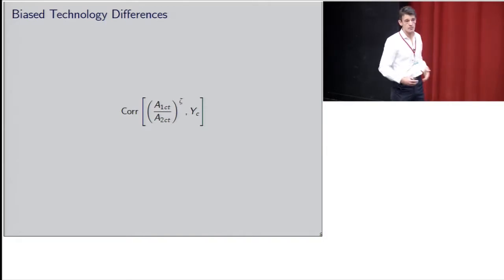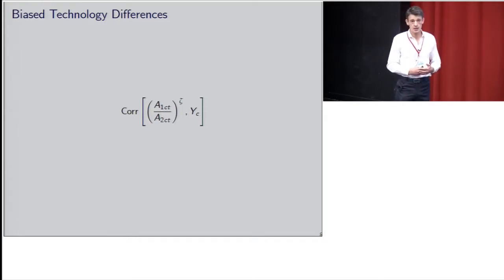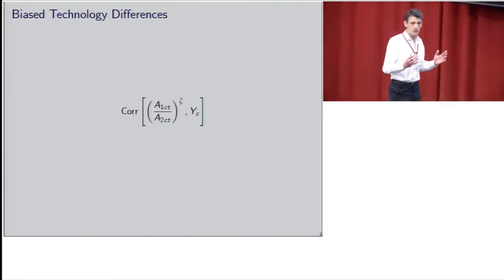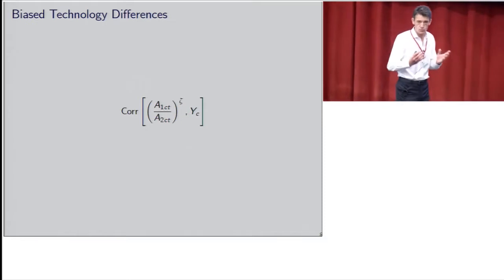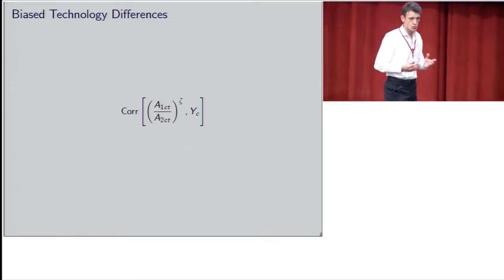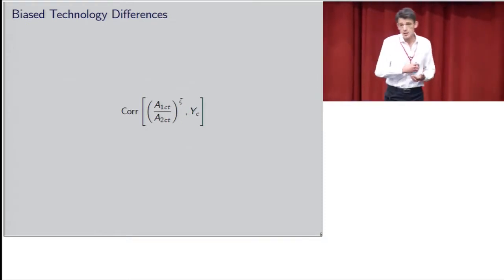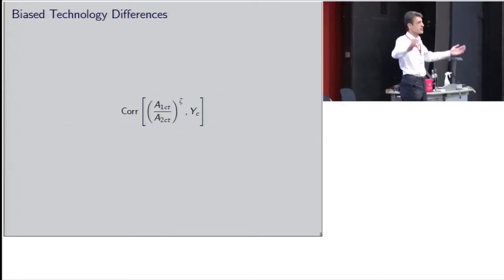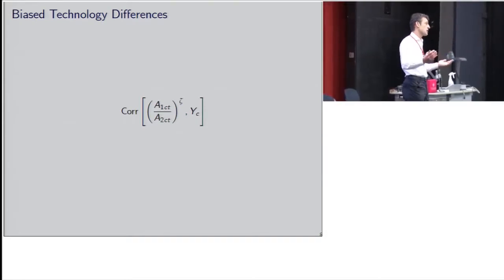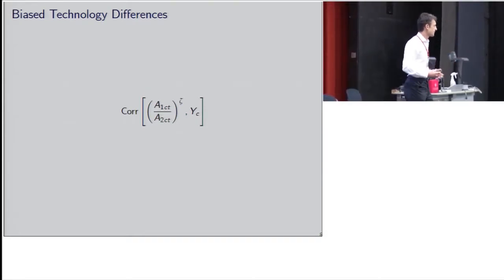If the factor bias term is high in poor countries, then technology differences are biased towards factor 2. That's just a way to agree on a language to describe the non-neutrality. And if I don't see trends over time, or if I don't see systematic correlations with income, then I'm going to say, well, it looks pretty neutral.